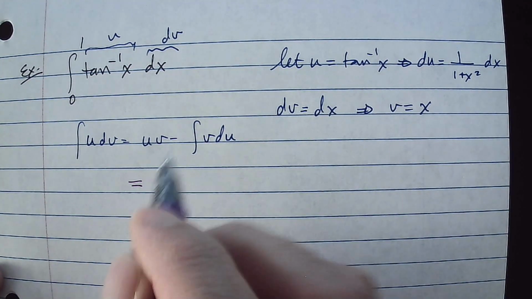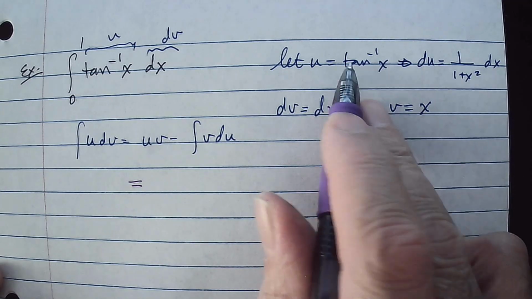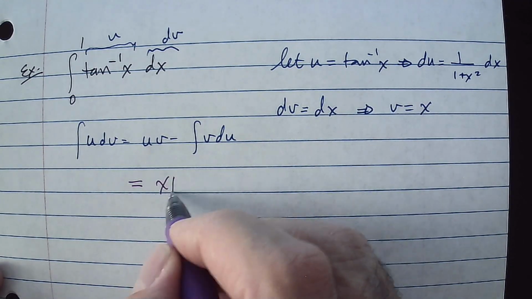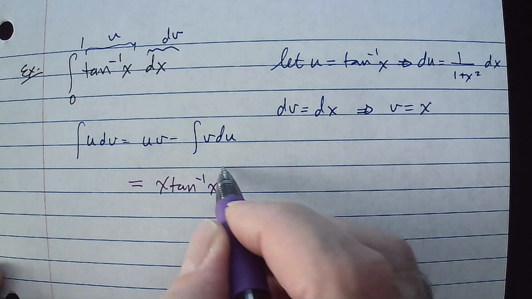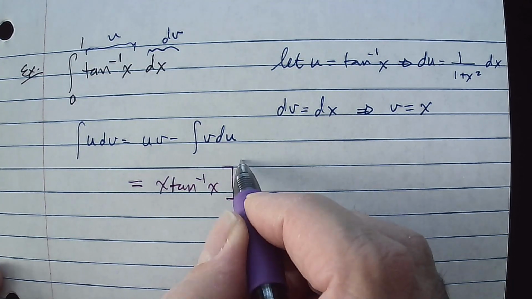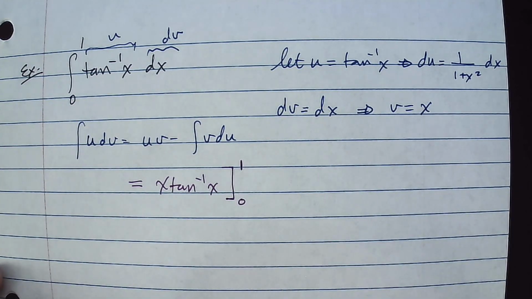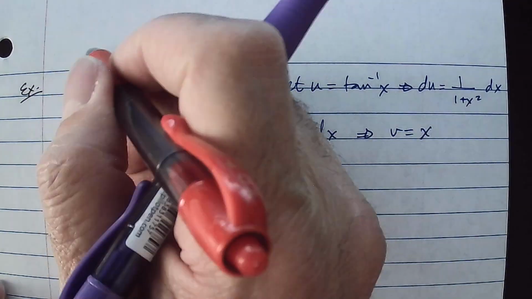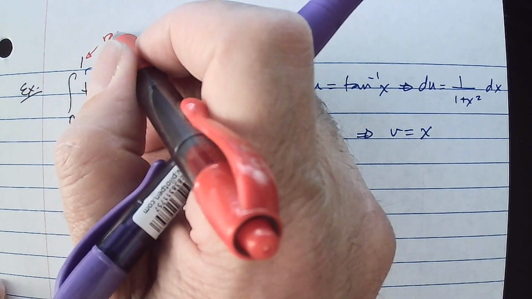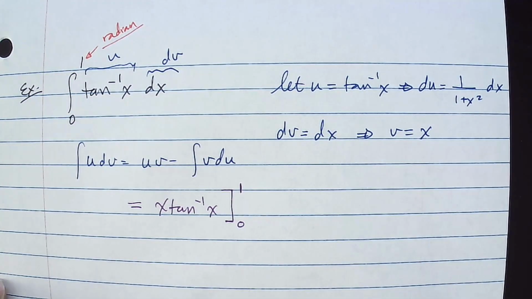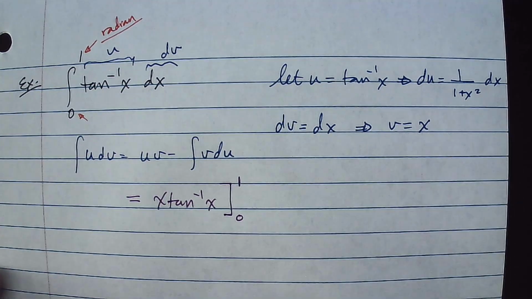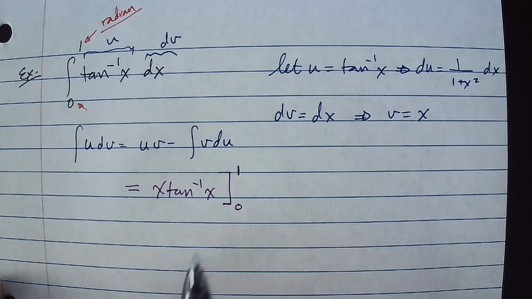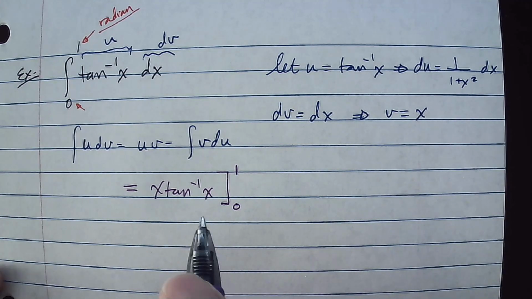I have uv, x tan inverse x going from 0 to 1, where everything here is in radians. This is radian, and the 0 also is radian, but everything here is taken as radian as the value of x.